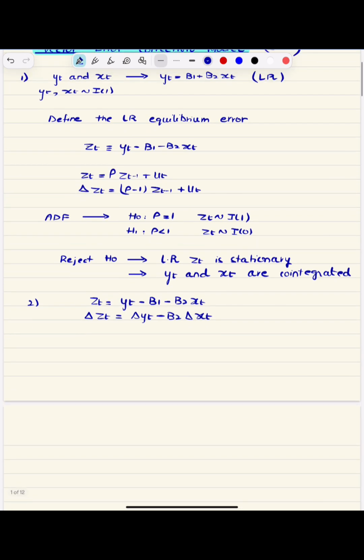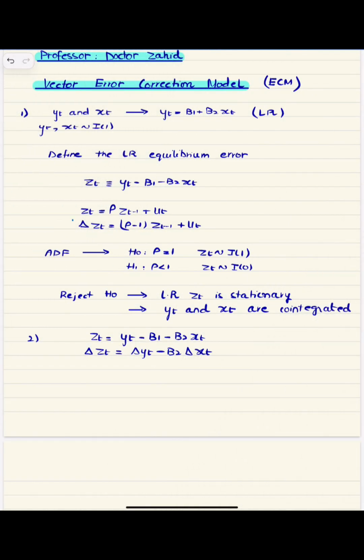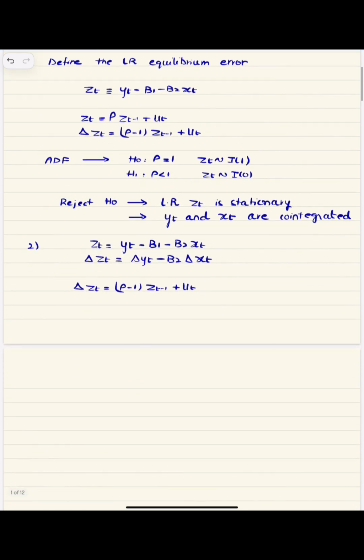We want to substitute this back into the ADF regression. So this is the ADF regression, and I'm going to substitute this expression right here, and I'll get change in yt minus beta 2 change in xt equals rho minus 1 into zt minus 1 plus ut.